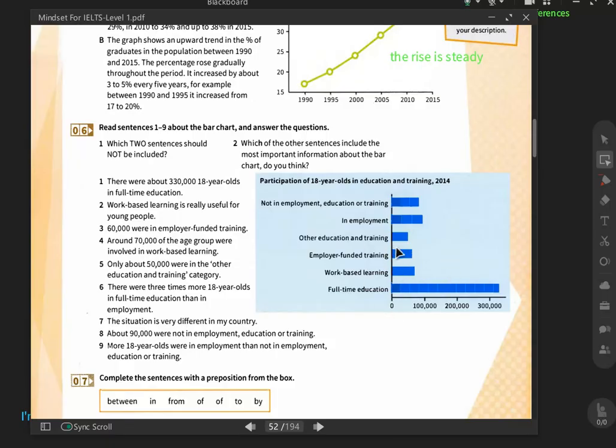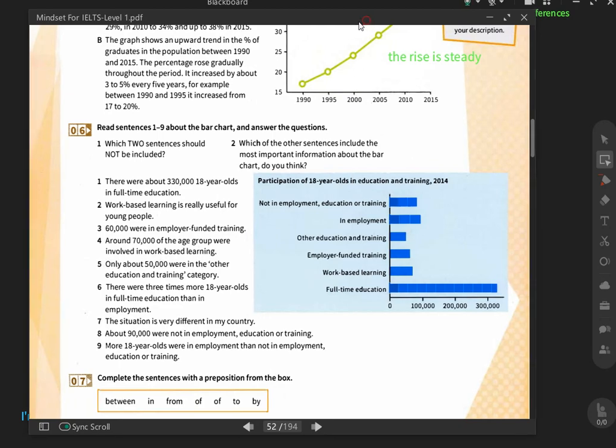Why do I need to say this one is 66, this one is 65? I can say that work-based, employer-funded and other education are at the same level, right? So I don't need this extra information. If I want to add something, I focus on the highest and the lowest, if I can see an important trend. Agree? If it's important, then okay, but no, it's not important. So I think it's extra.